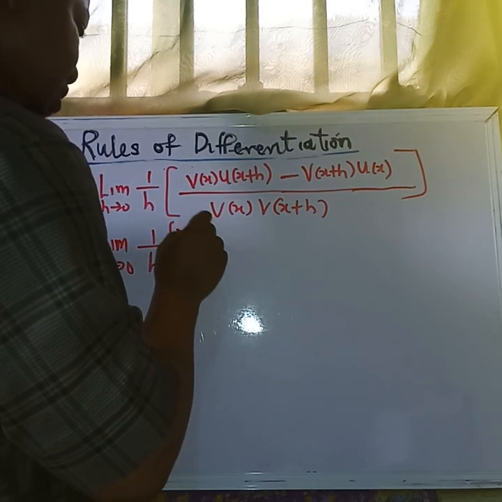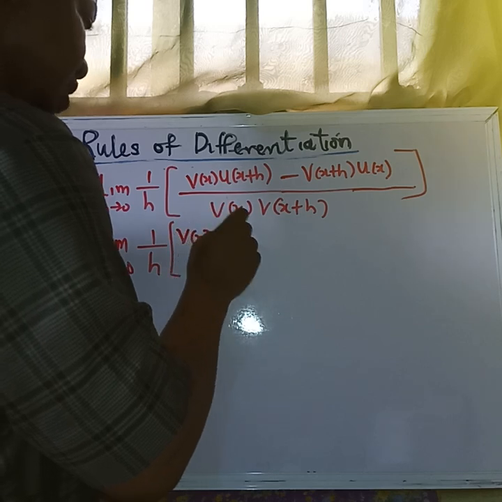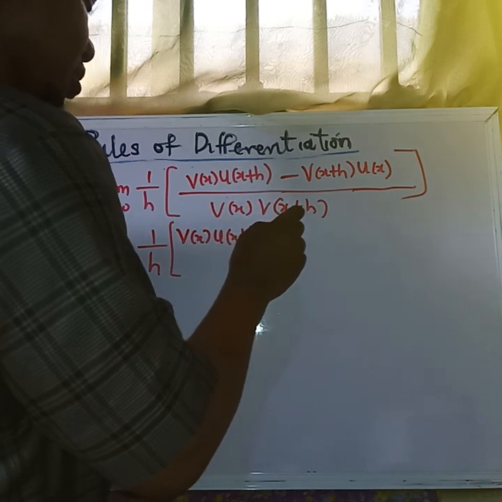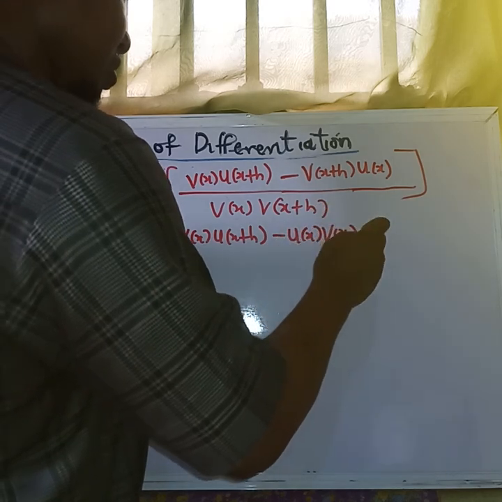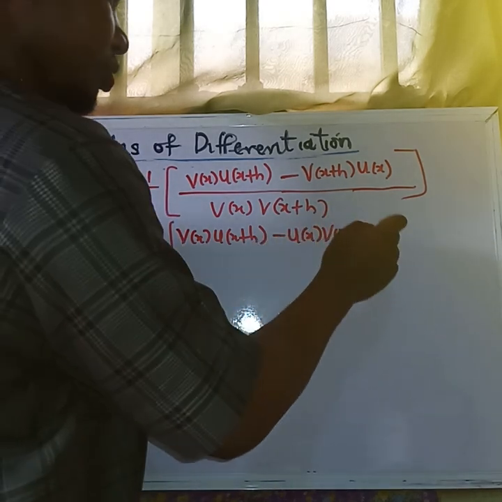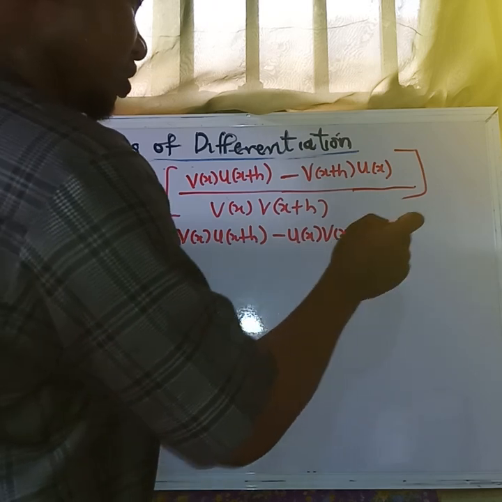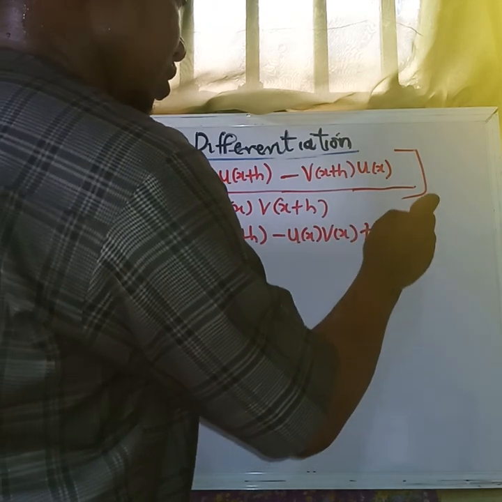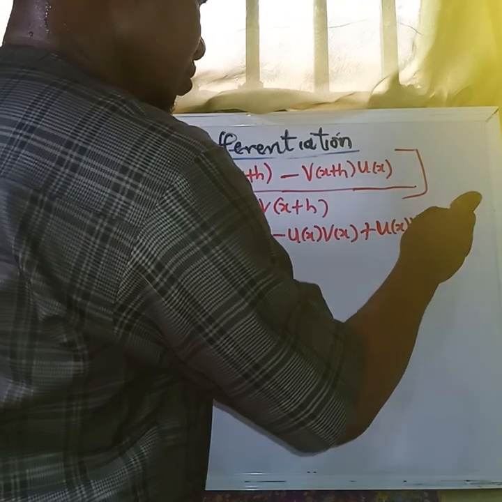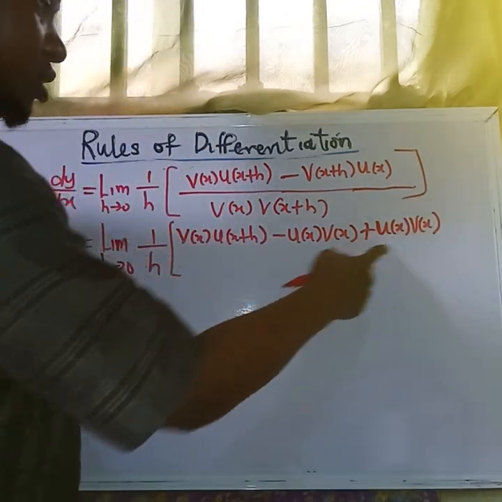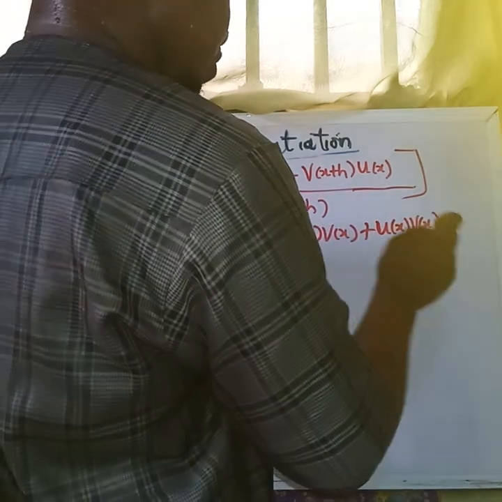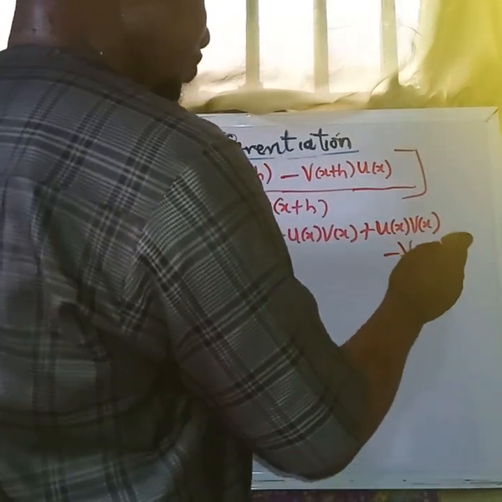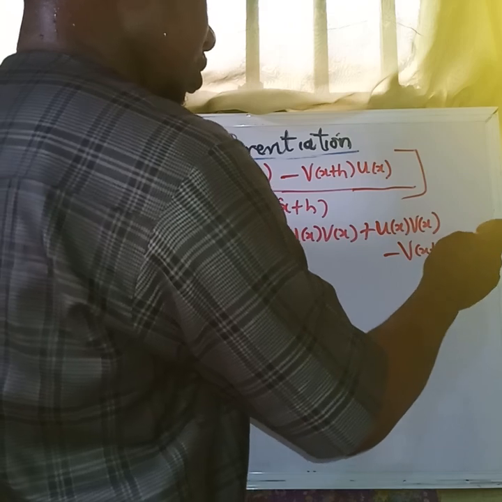The trivial term we are going to use here is u of x, v of x. Negative this, positive this. As you can see, they are trivial terms, so both of them can cancel out. So minus this term, which is v of x plus h, u of x.